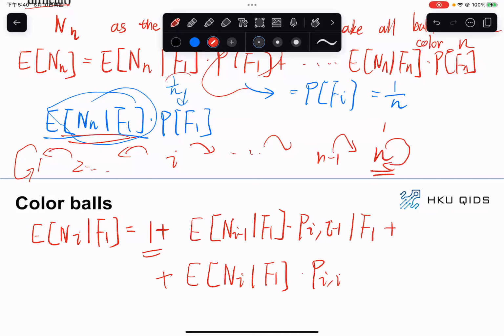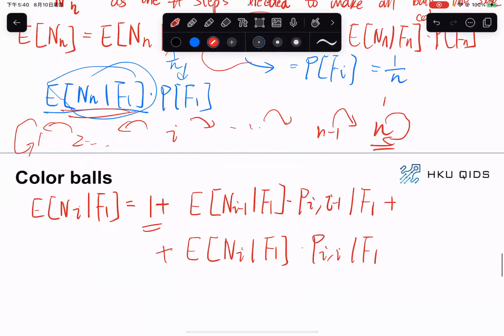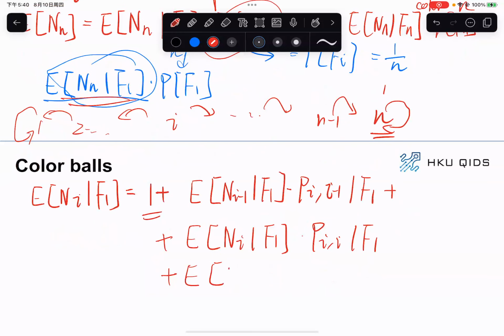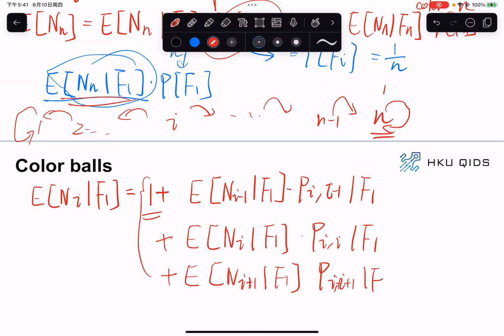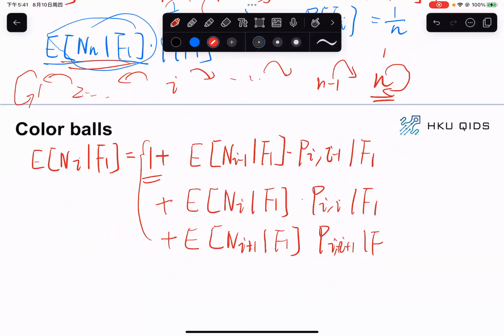Do not forget the case where we can still remain in the same state, okay? And we can have E_(i+1) given F1 with probability (i+1) given F1, okay? So we can have all these 3 parts, and now we just need to solve all these probabilities.